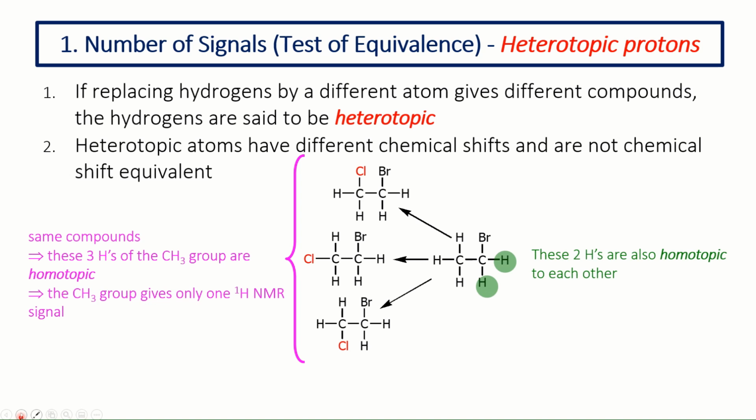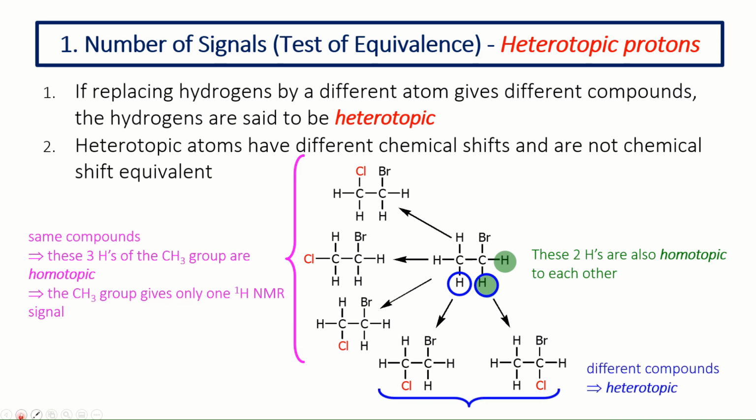However, we can also replace these 2 guys, and these guys are also homotopic. However, replacing those 2 guys here, you can see that will give you different compounds. And so we say that those are therefore heterotopic.